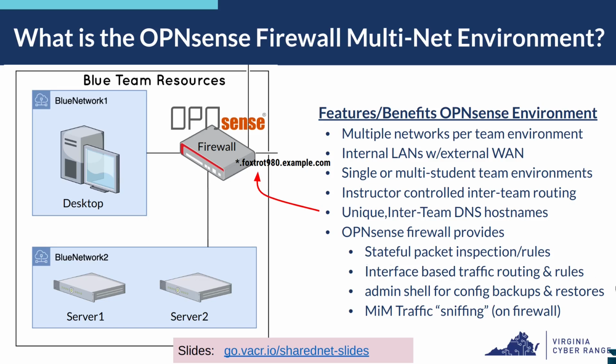It has stateful packet inspection with individual rules per interface, so interface-based traffic routing and rules, and an admin shell for doing configs and backups. You can do really cool things like drop to a shell and run man-in-the-middle tcpdump sniffing, things like that. Very, very powerful.